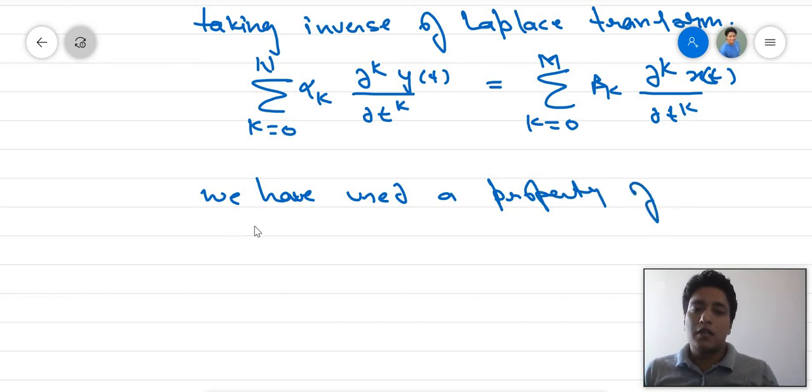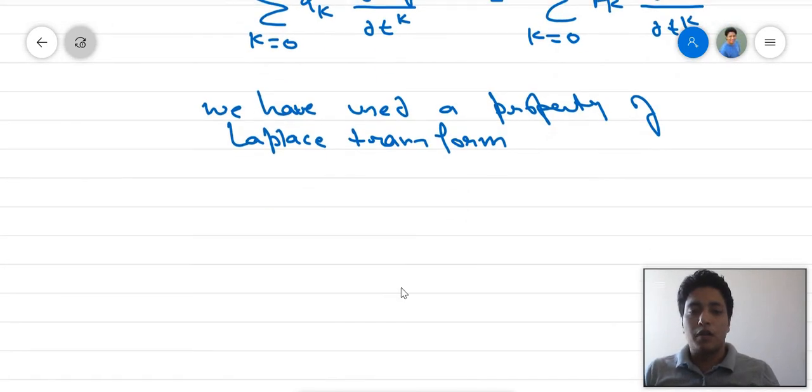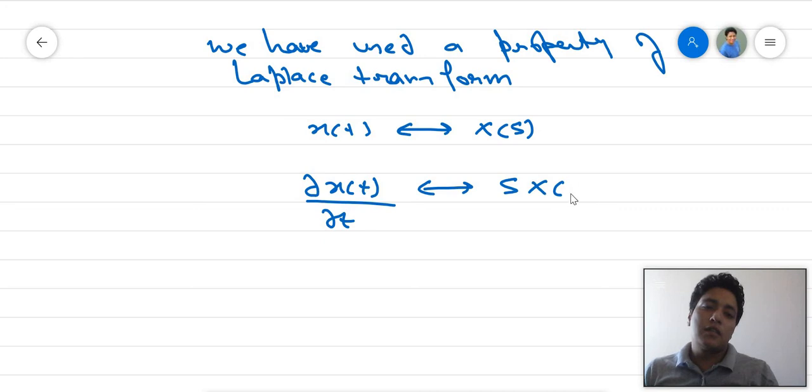We have used a property of Laplace transform called the differentiation property, that is, if x(t)'s Laplace transform is X(s), then dx(t)/dt will give sX(s) minus x(0).